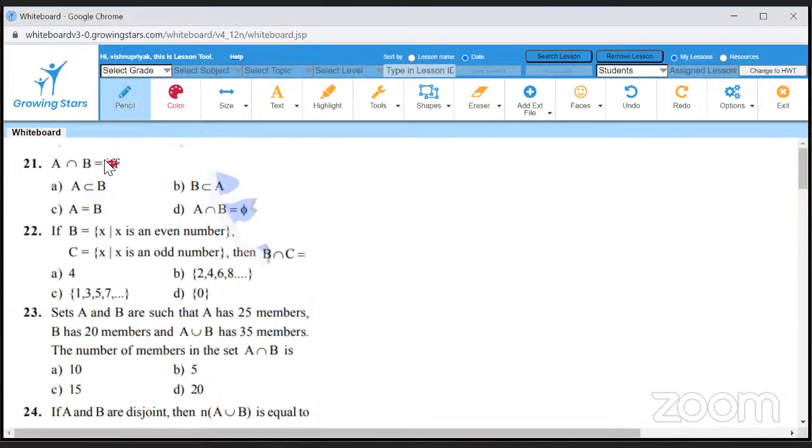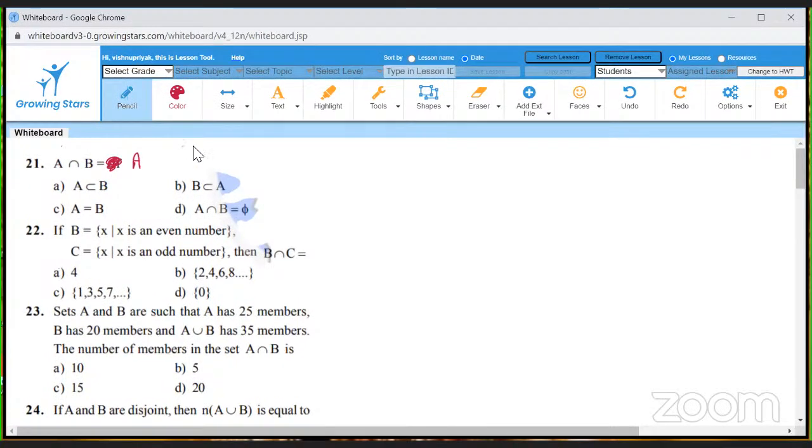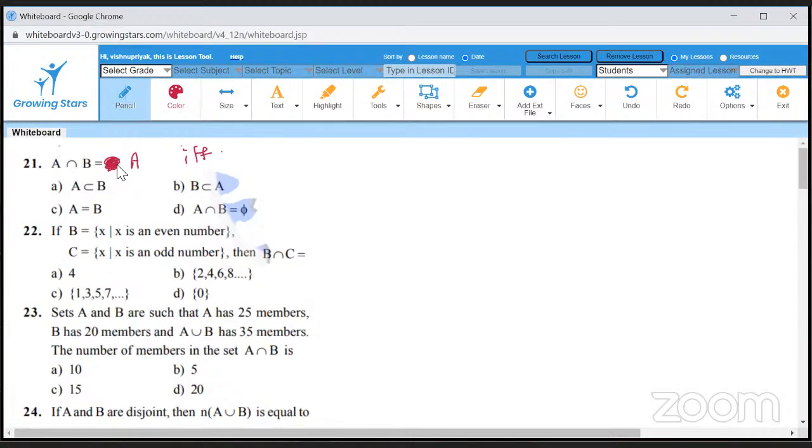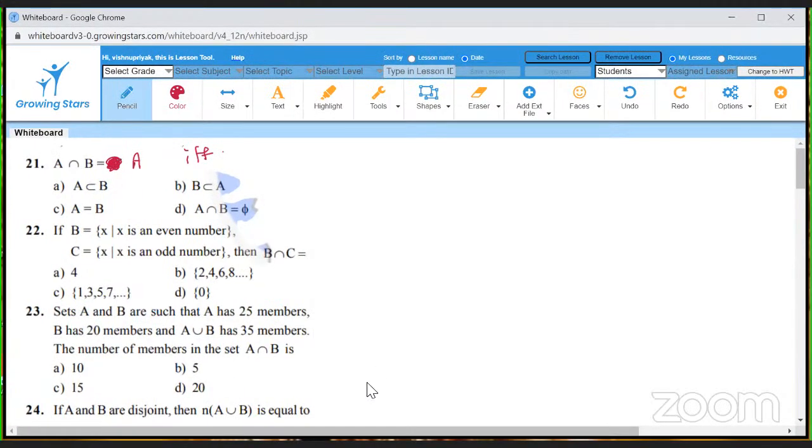A intersection B is A. If there is a printing mistake, I have corrected 21. Yes, 21 is correct. A. Rajeshwari, you did correct. They are saying A intersection B is A. Then which answer will be correct?